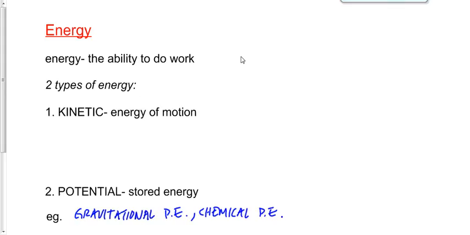Well, it came from the chemical potential energy in my body. There's chemical potential energy stored in the food that you eat, right? That's ultimately what allows us to walk around and to talk, the chemical potential energy stored in the food. Anything else? Energy that's not doing anything right now, but has the ability to get something moving.